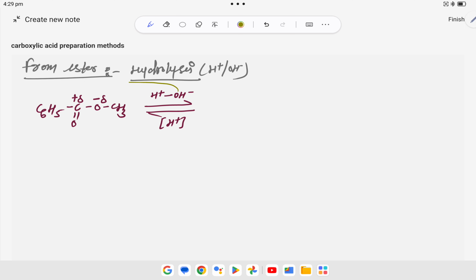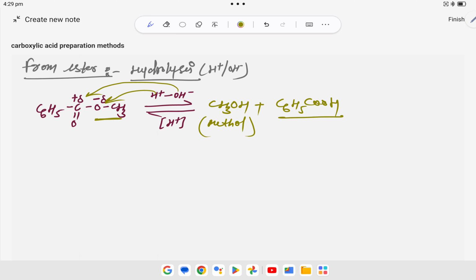So positive OH, negative H. So by the negative you are getting CH3OH, methanol, and C6H5COOH, that is your benzoic acid. What is the name of the species? Substitute from here, from this side, methyl, every time from the oxygen side, methyl benzoate.